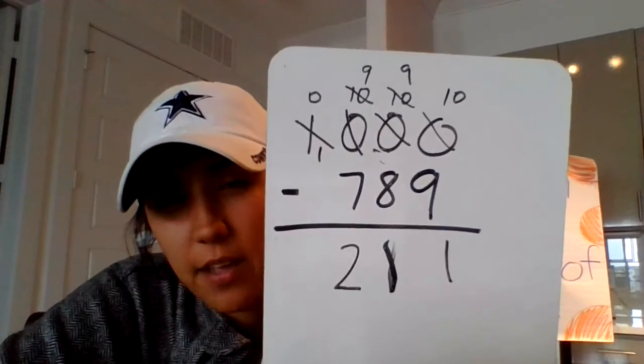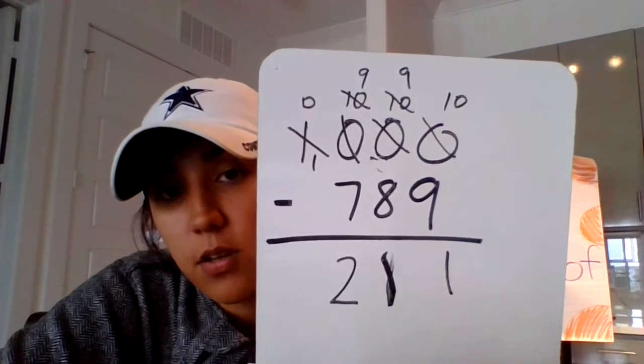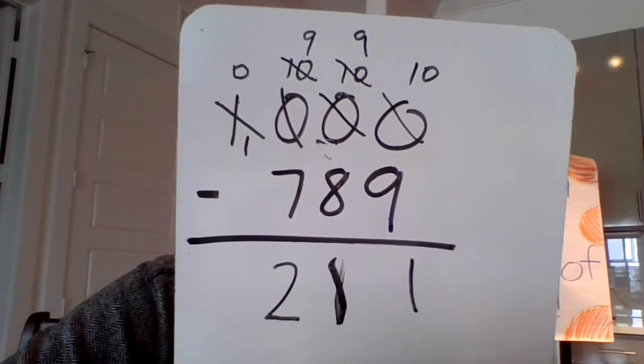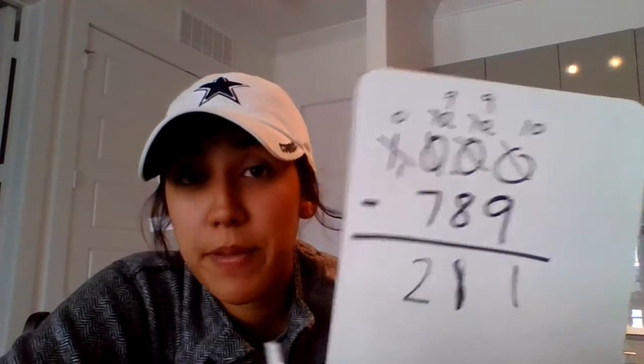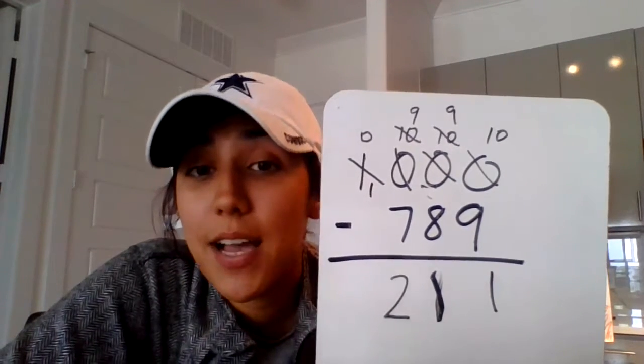How could we check our answer? How do we know 211 is the correct answer? What would we do? That's right. We would do the inverse operation. What basically means is, what's the opposite of subtraction? Addition.